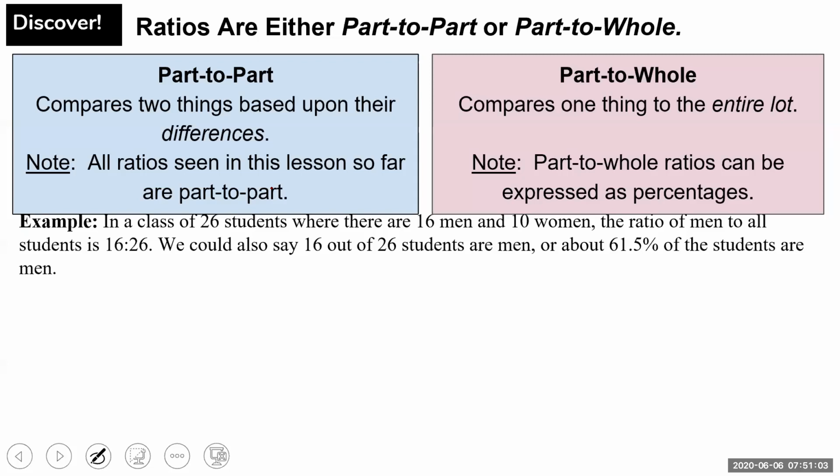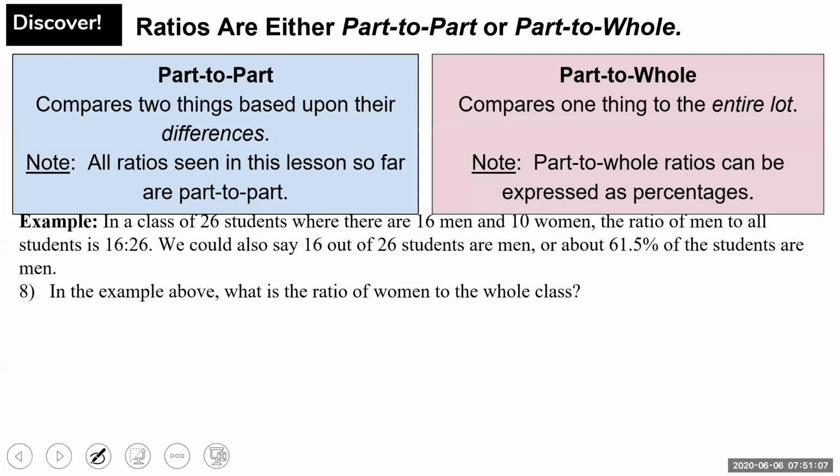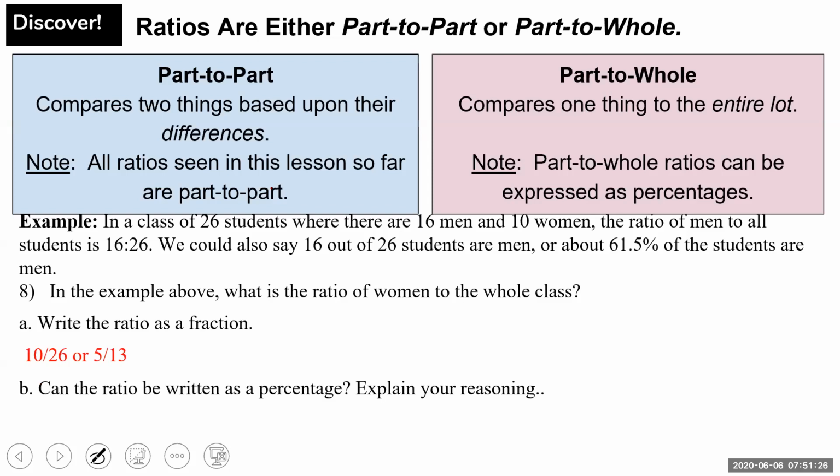All right. Now, in the example above, what is the ratio of women to the whole class? So women, we have 10 women, and the whole class is 26. So that will be 10 out of 26, and that will be reduced to 5 out of 13. Now, can the ratio be written as a percentage?